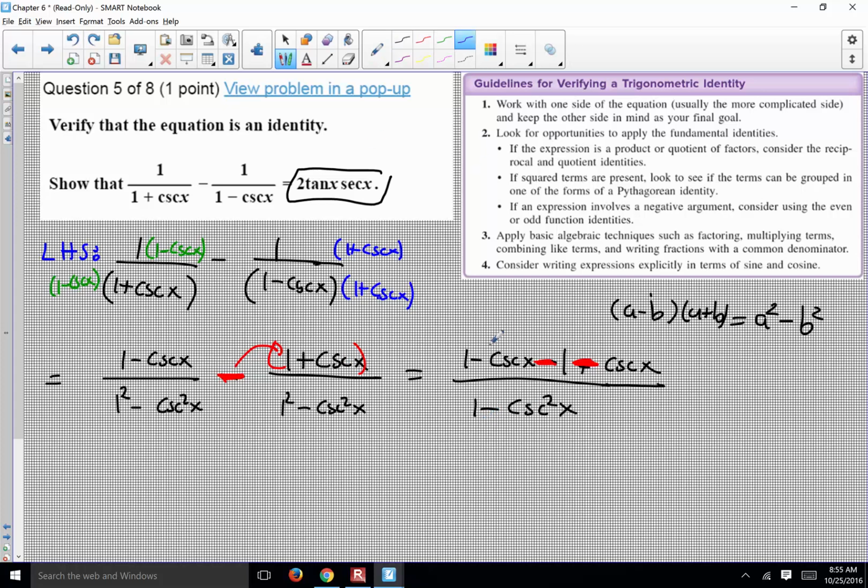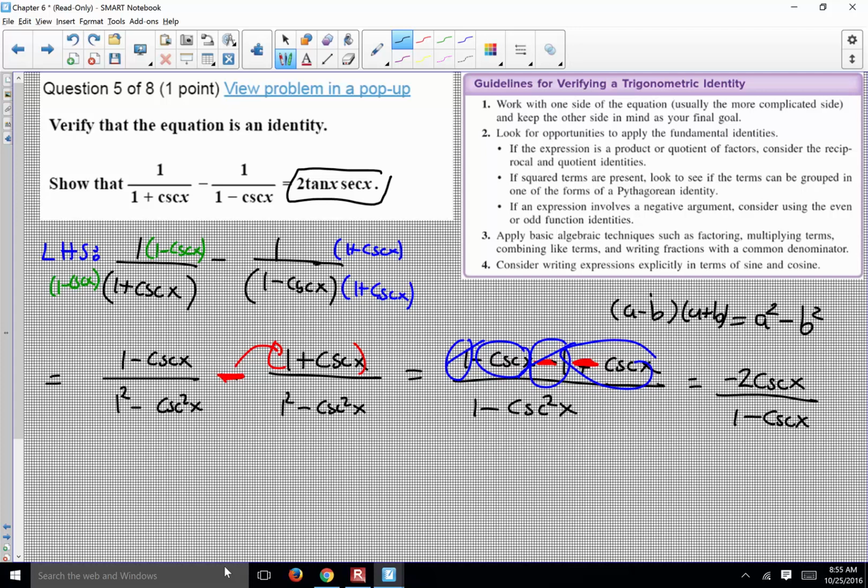Now, combine like terms. Aren't these like? Actually, they cancel, right? They cancel. These are like, they are the same. So can I combine these two? Make how many? Minus 2. Okay. Now, it's one single fraction.